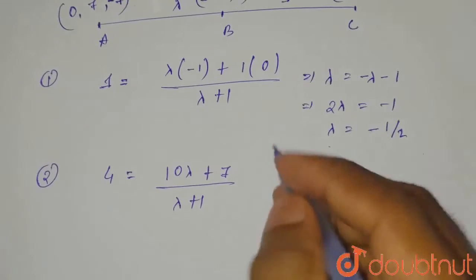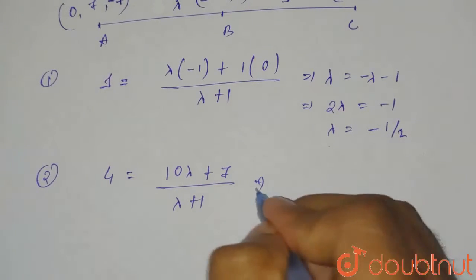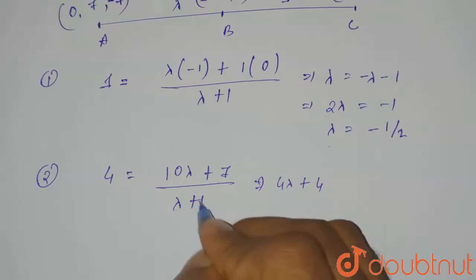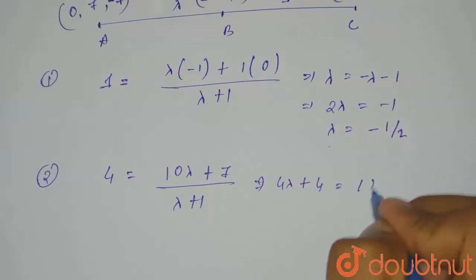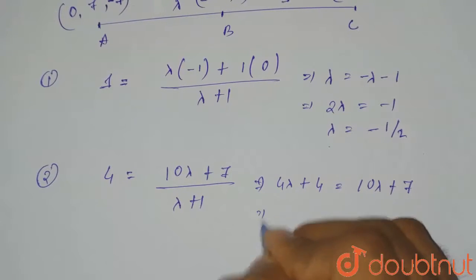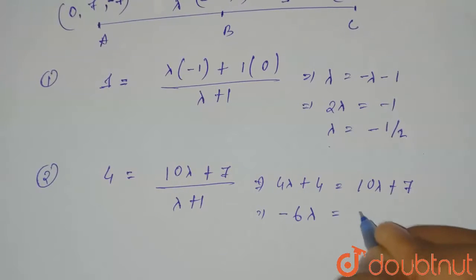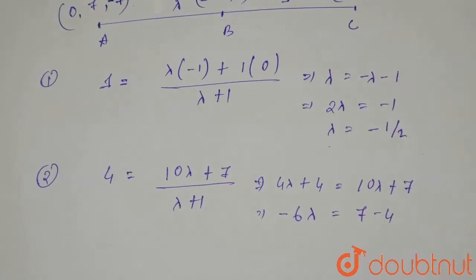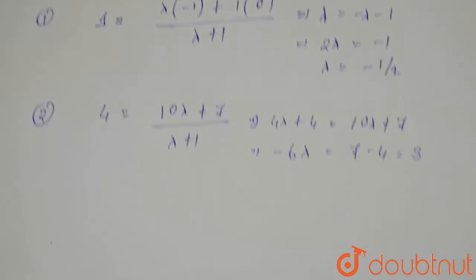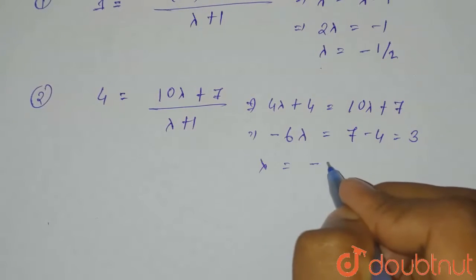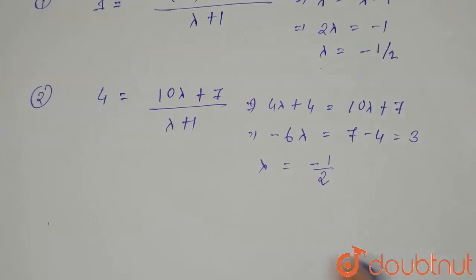If we solve it, 4 lambda plus 4 equals 10 lambda plus 7. From here 4 lambda minus 10 lambda, that is minus 6 lambda, will be equal to 7 minus 4, which is 3. So the value of lambda is again minus 1 by 2, so it is satisfied again.